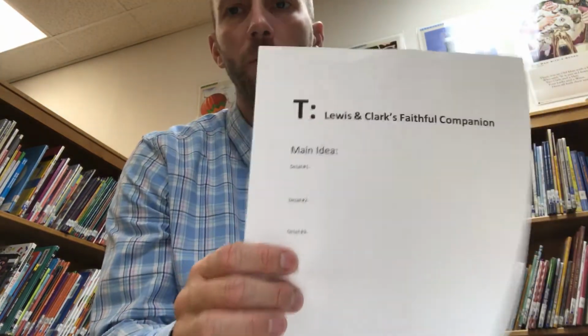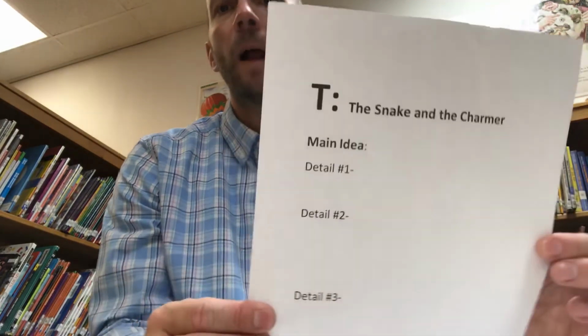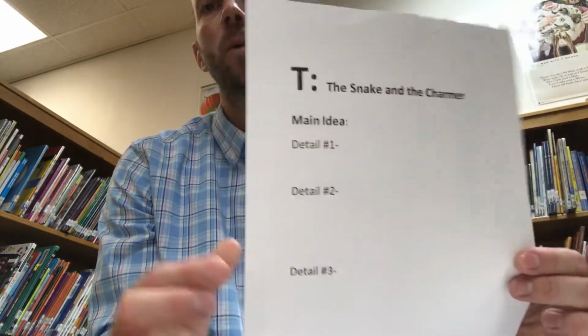Okay, so very good. Now you have 2 Word documents that are completed, 2 working documents. You have the Lewis and Clark Faithful Companion. That was the easy one. And then you have the snake and the charmer, one already filled in, and those are those Word documents. And remember, boys and girls, those are working documents, so you don't have to upload anything.